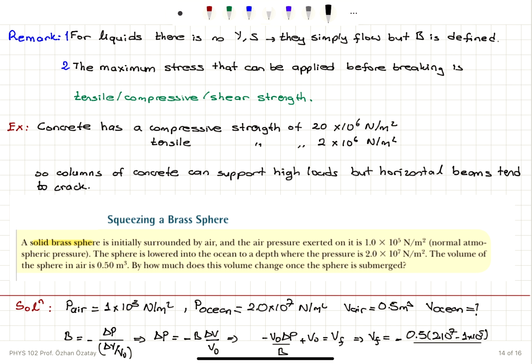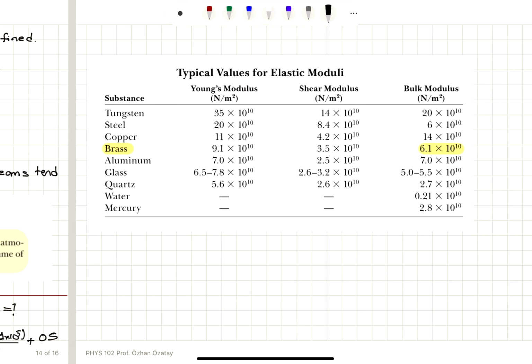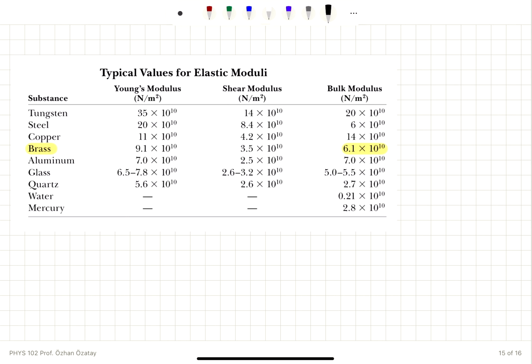So it is 6.1 times 10 to 10, plus the initial volume 0.5. So we can calculate the final volume, which is the volume in the ocean, to be 0.49984 meter cube.